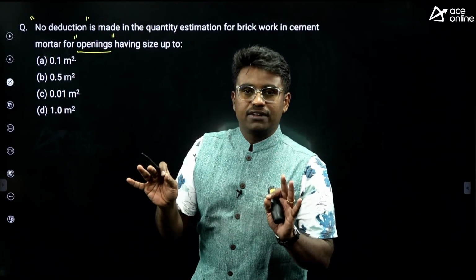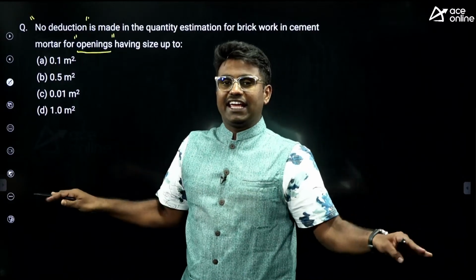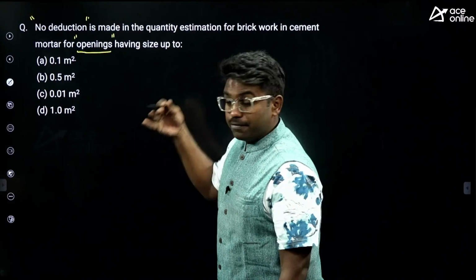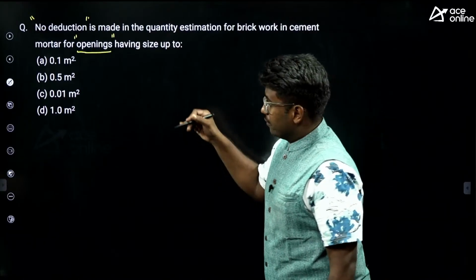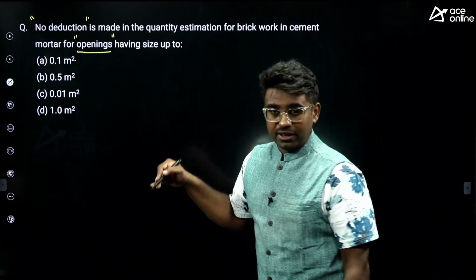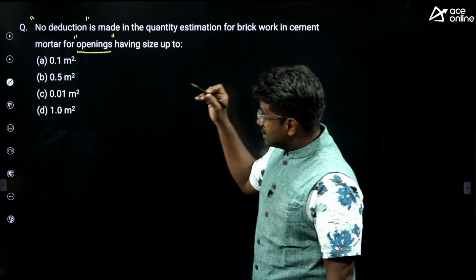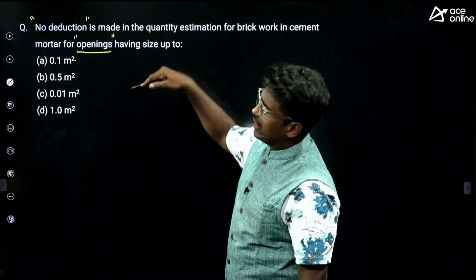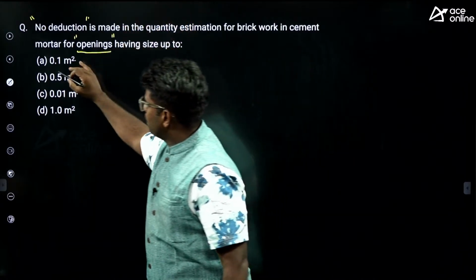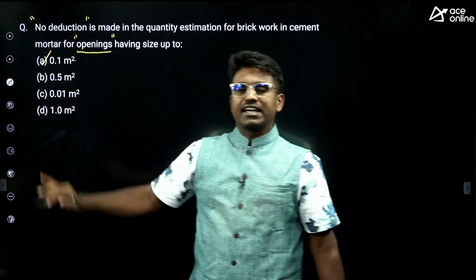Up to what size is it not taken into consideration? We have case 1, 2 and 3. We start from case 1. So the least one is 0.1. This is the correct answer.